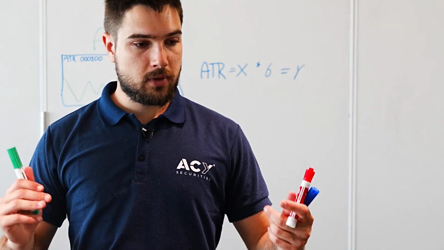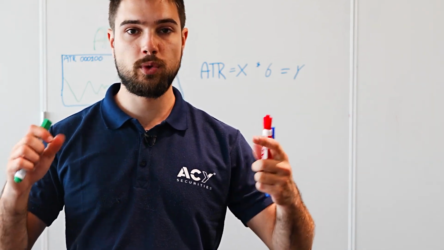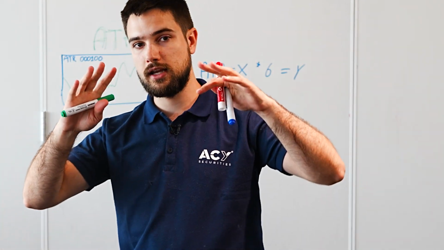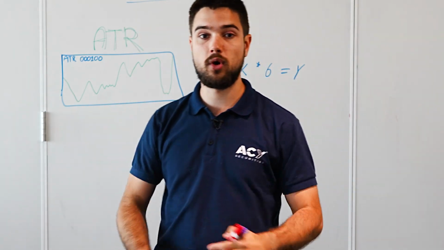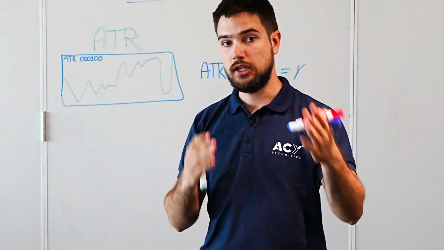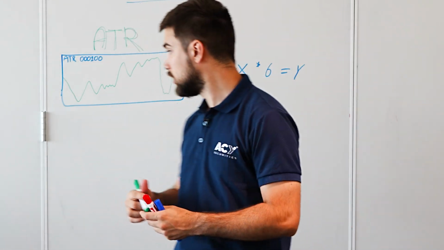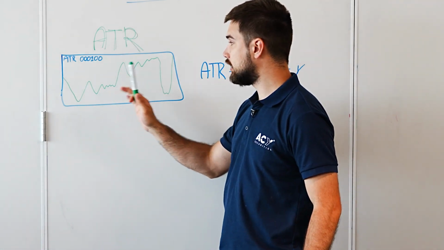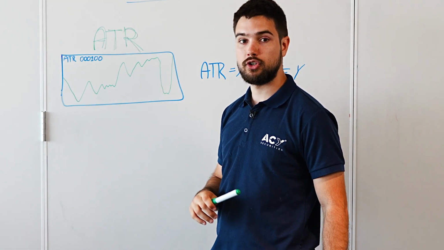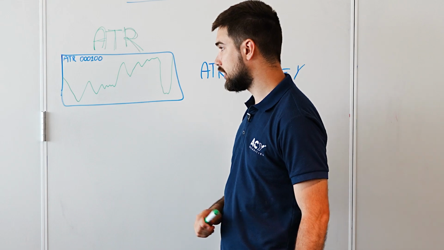As I was saying, I think it would be better for me to just write and try to explain a little bit more about the ATR for you guys so you can actually understand where I'm coming from. Once you upload the ATR on your chart, this is what it's going to look like, okay?